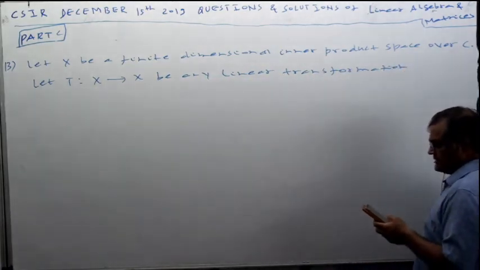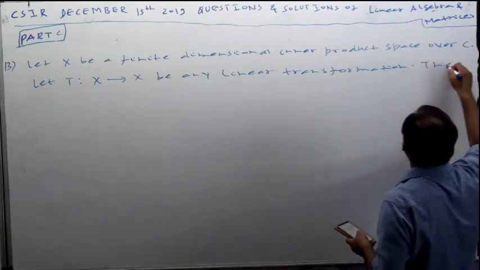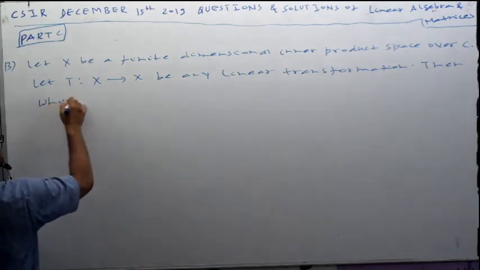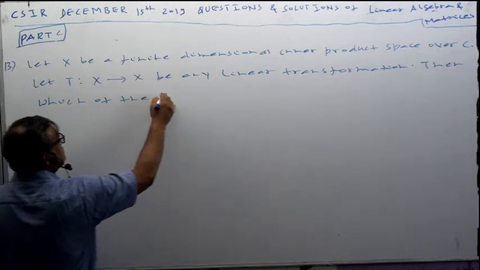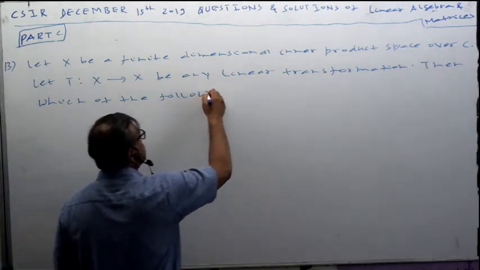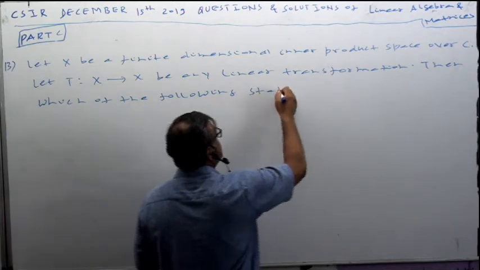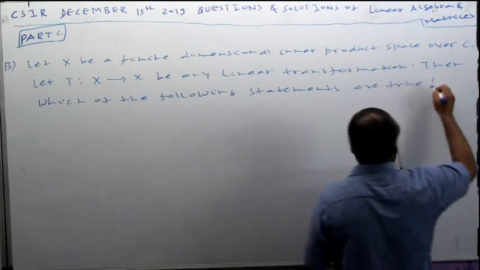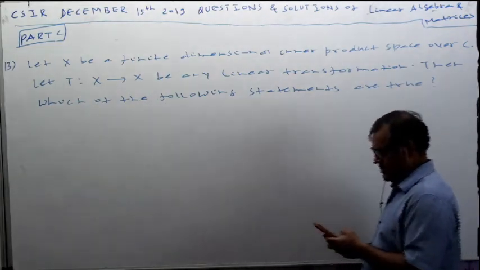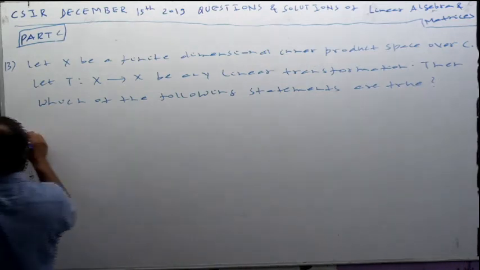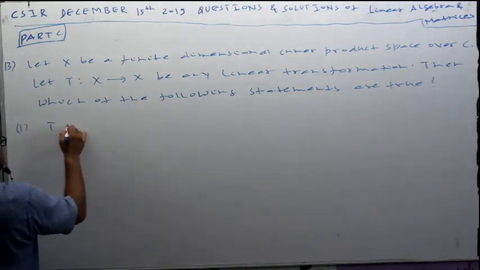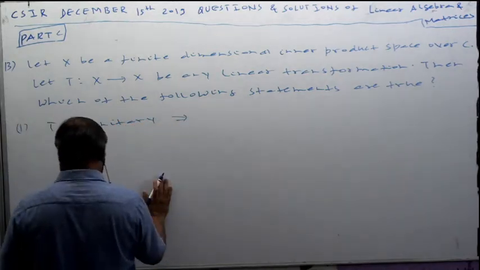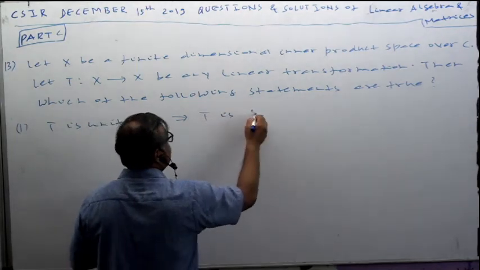Then which of the following statements are true? Very simple question. First, T is unitary implies T is self-adjoint.